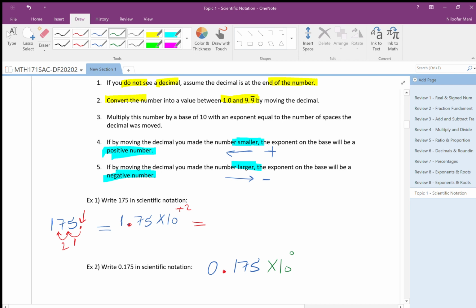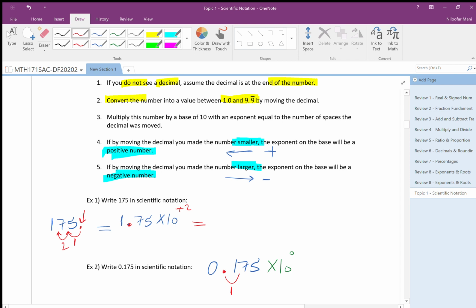Then my number 0.175 is not 1 point something to 9 point something. So I move my number, no, that's wrong. I just move my number 1 because I need 1 point something to 9 point something, so it is 1.75.